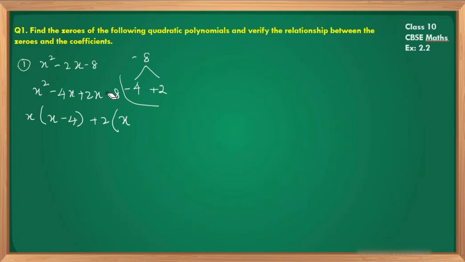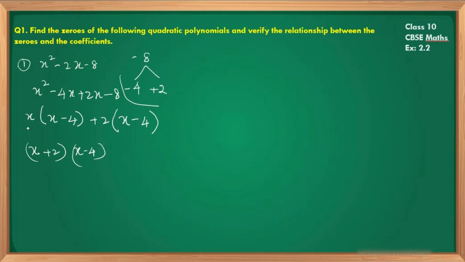This is not plus, this is minus. X minus 4, plus 2 into minus 4 gives you minus 8. Right? Now, further is x, and this plus 2 becomes 1, and x minus 4 is already there.